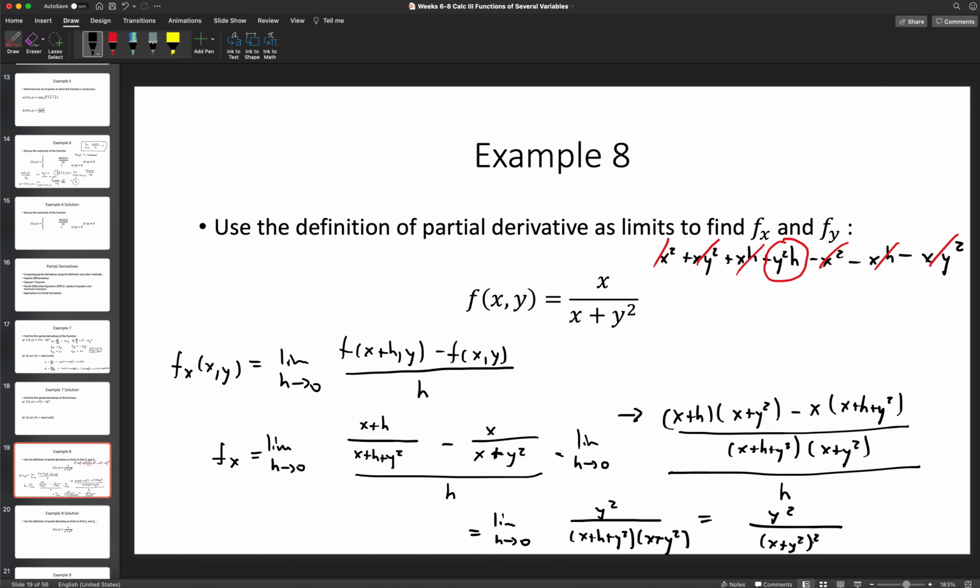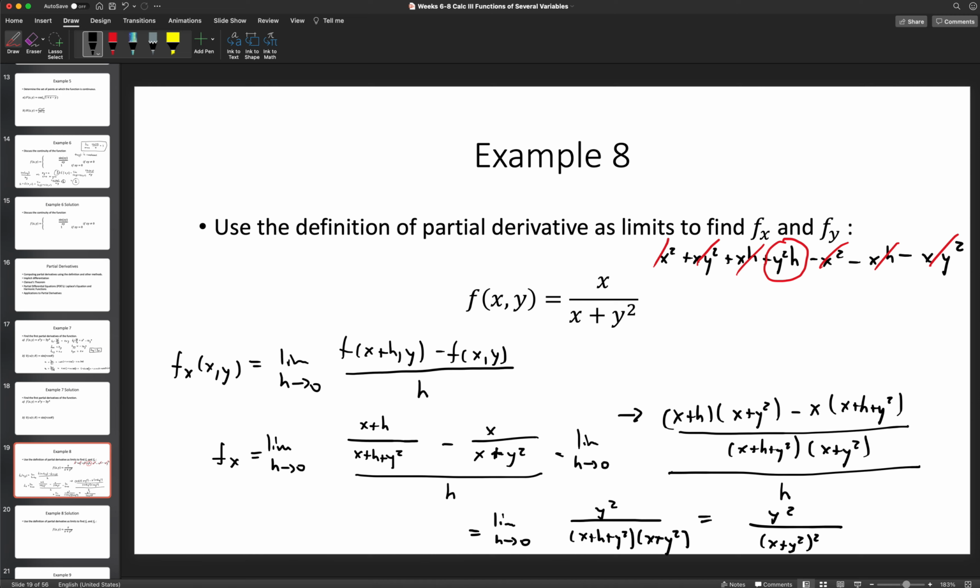Okay, so that's our partial with respect to x. Of course, you can use the quotient rule, but our particular question here was to specifically use the limit definition to compute the derivative. So we couldn't just go ahead and use our normal quotient rule, although we would love to because it would be much faster.